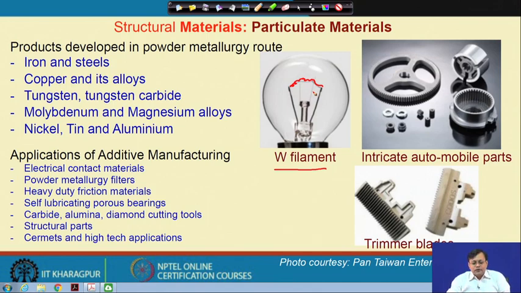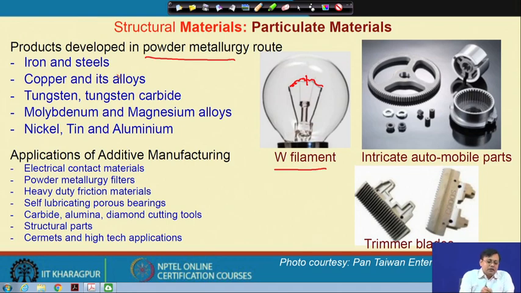Often sagging occurs due to long usage, and the filament actually breaks. However, they are produced by the powder metallurgy technique, and the same technique from powder particles is used to make larger shapes.